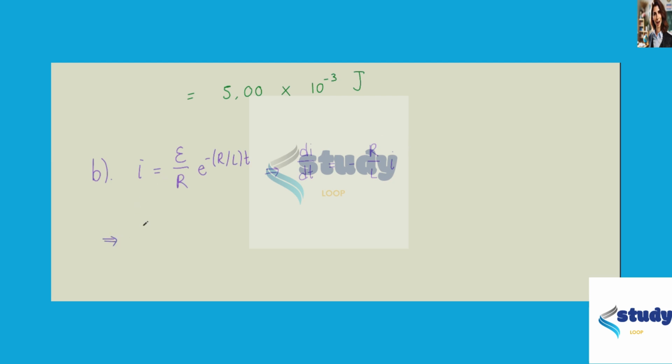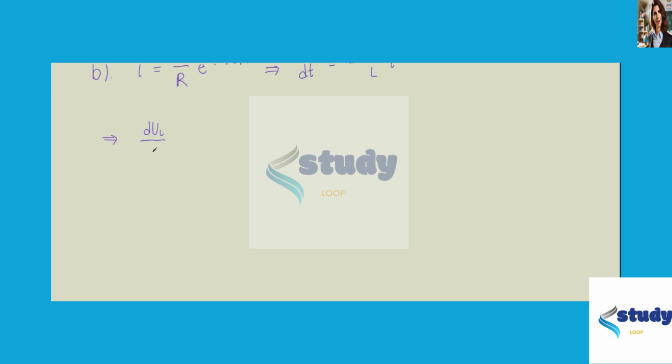And so from here we can see that the rate at which energy stored in the inductor is decreasing, dU/dt, which we know is defined as L times I times dI/dt, which is why we calculated dI/dt, is equal to minus R times I squared.